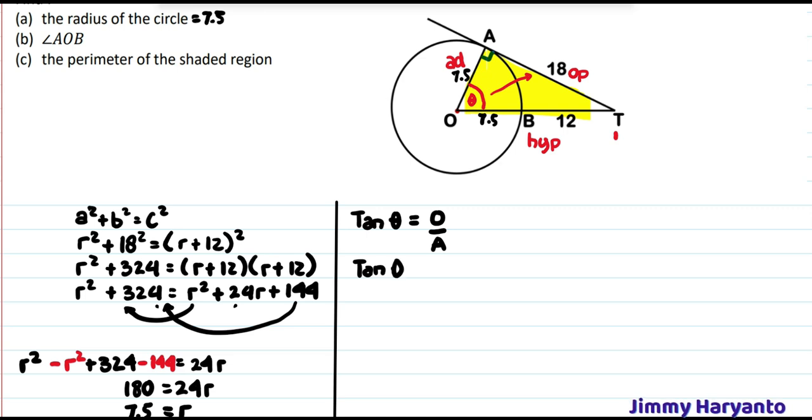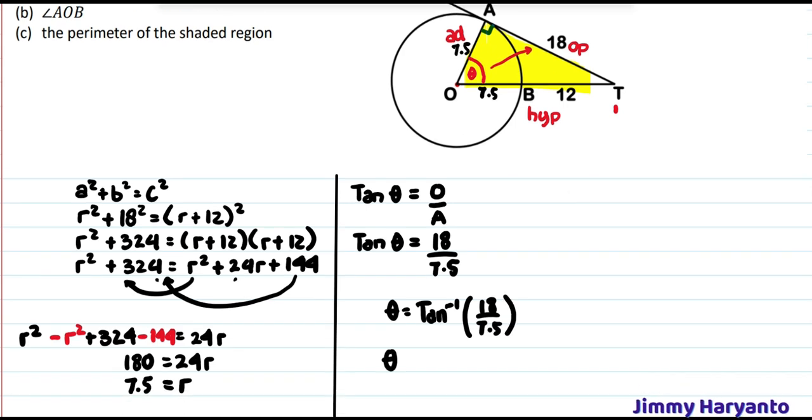So tan theta equals to the opposite is 18 and the adjacent is 7.5, and then theta equals to tan inverse of 18 over 7.5. And then you will use your calculator. Don't forget to set up your calculator into degree before you calculate. And the answer is 67.4 degree. This is the theta.